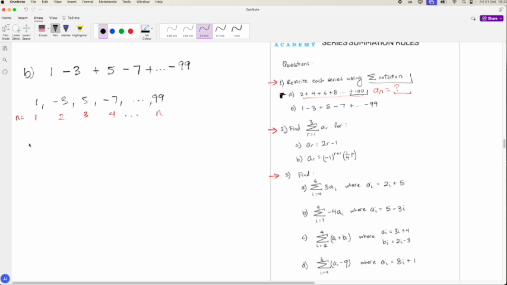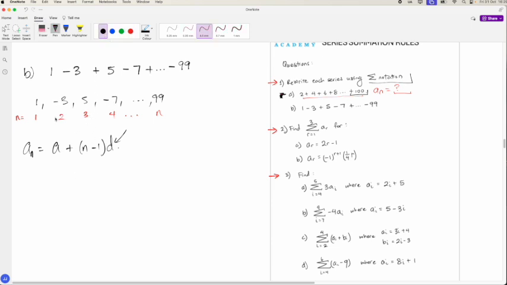Well, let's just remember our formula for a minute. a_n is the first term plus n minus 1 times d. And we don't know what d is. We don't even know if this is an AP or a GP. Those negatives there are really giving me some problems, right?